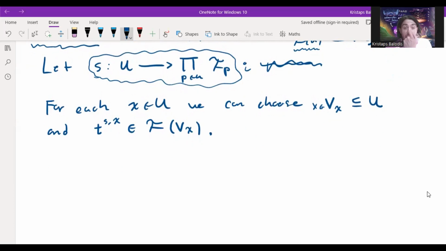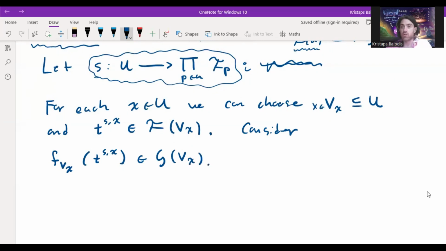Right. Now, these are things that I could apply F to, right? So consider, if we applied F at V of x to t S x, then this is going to be a section of G over V of x, right?